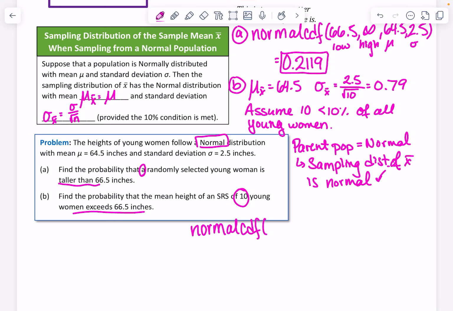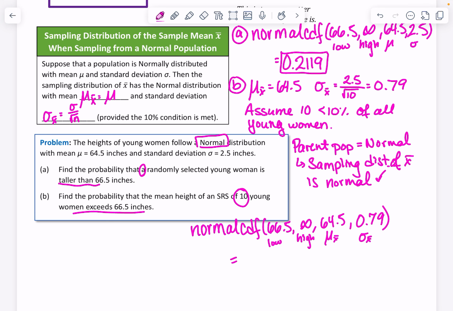And again, it exceeds 66.5, so that'll be our low. Our high is infinity. The mean of our sampling distribution is still 64.5, and our standard deviation of our sampling distribution will be 0.79.